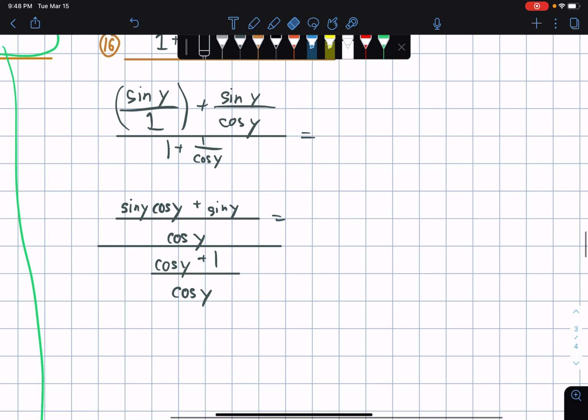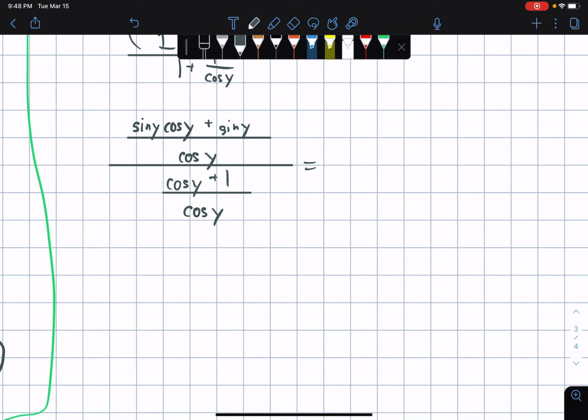So let's simplify the complex fraction. Let's make our life easier. That's an ugly s. Okay. Anyways, sine y, then we factor it out. This is what we get.